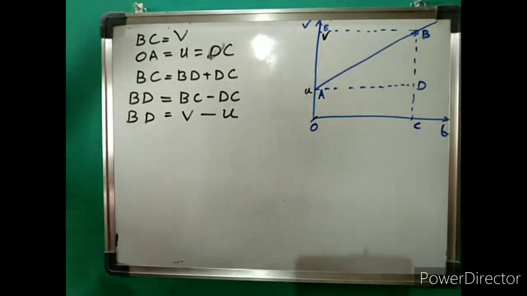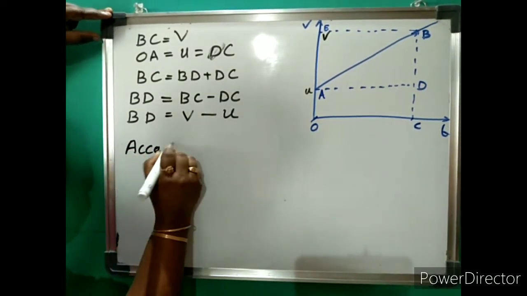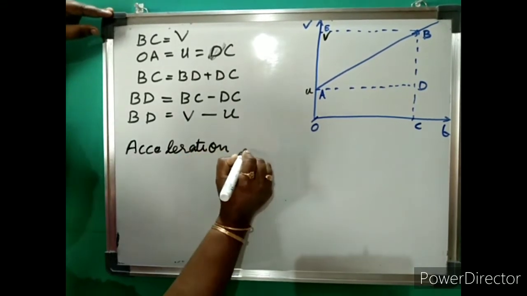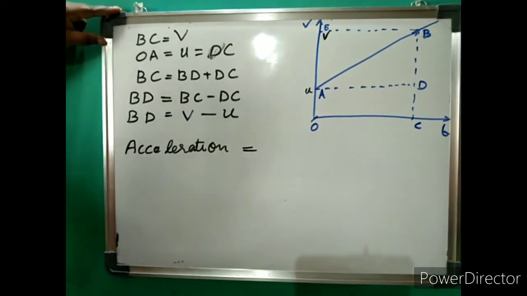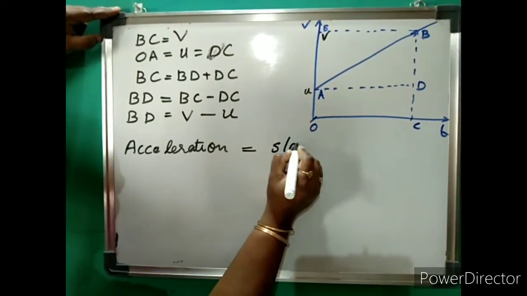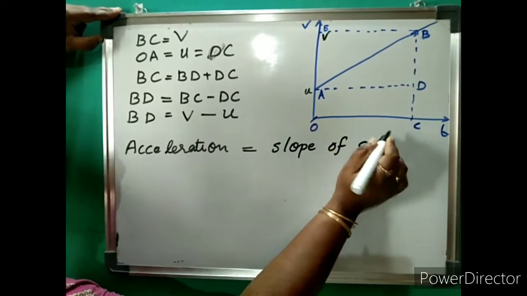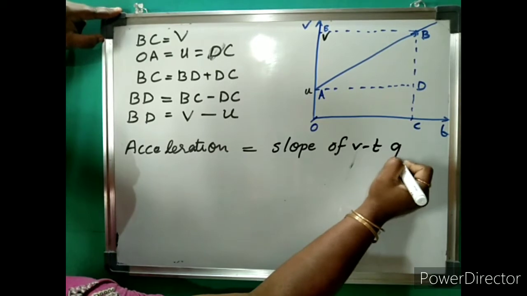Then we know the acceleration of the object. How can we find the acceleration from the graph? It is the slope of the velocity time graph.